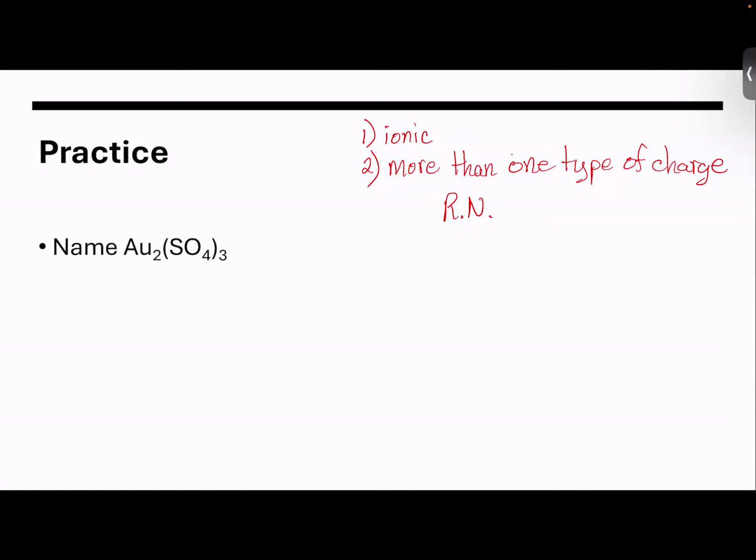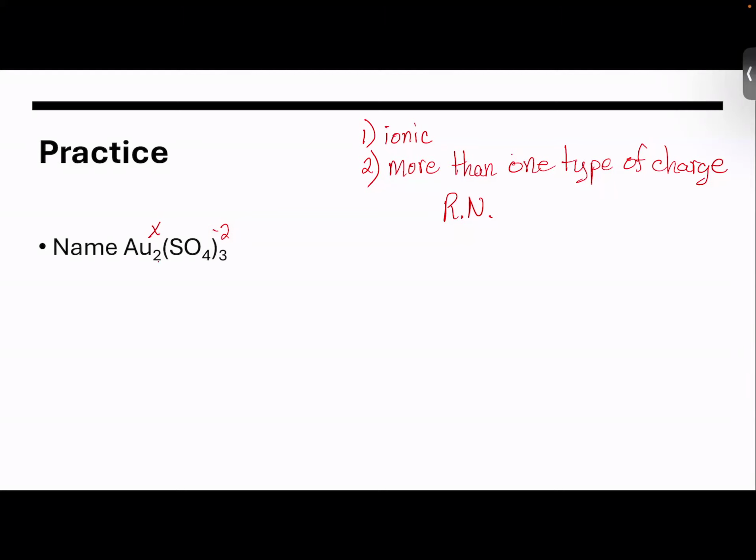How do we get the Roman numeral? Well, the fact is anion charges never change. SO4 is the polyatomic anion sulfate. Sulfate always carries a -2 charge. We need to figure out what gold's charge is.